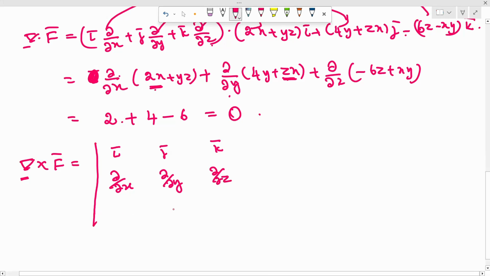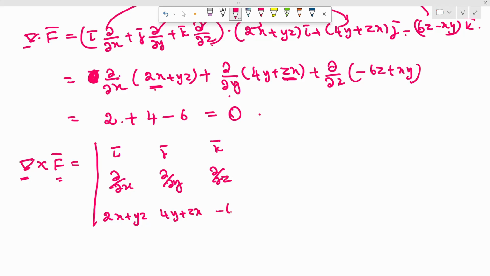Third row values are F vector elements. In the first term, 2x + yz is there. In the second term, 4y + zx is there. In the third term, −6z + xy is there.